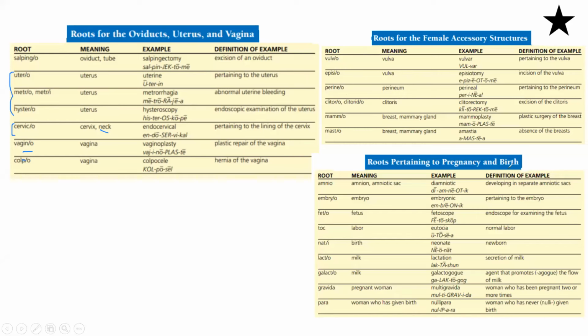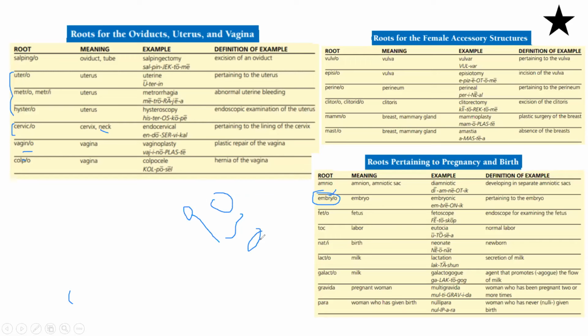Then for pregnancy and birth, we have actually in embryo. In everybody, we have got 2 cells, one from father and mother, sex cells, they fertilize each other and make a new cell, zygote. So this zygote will develop into an embryo first.